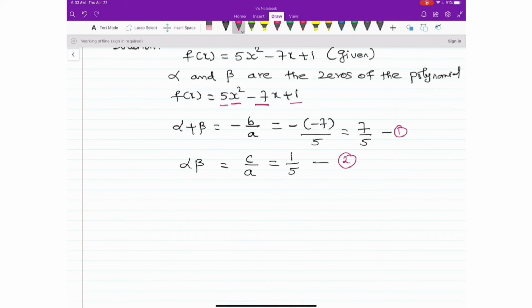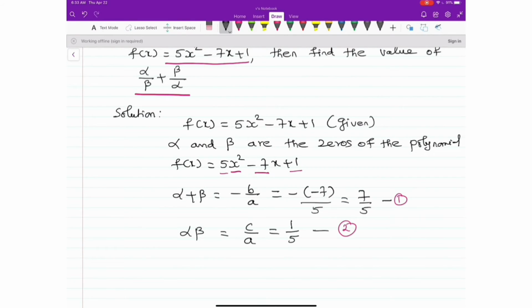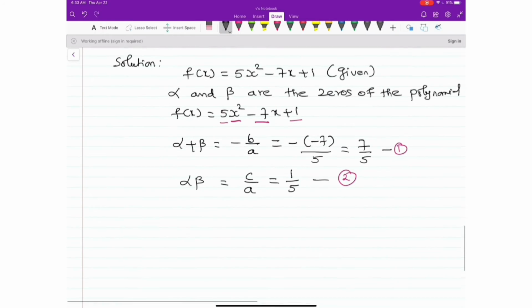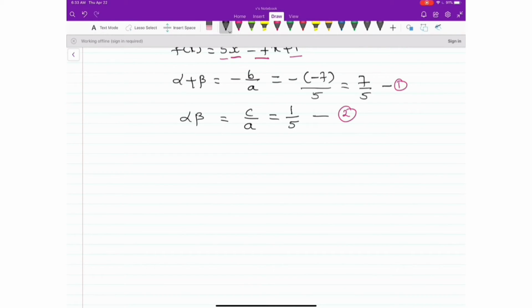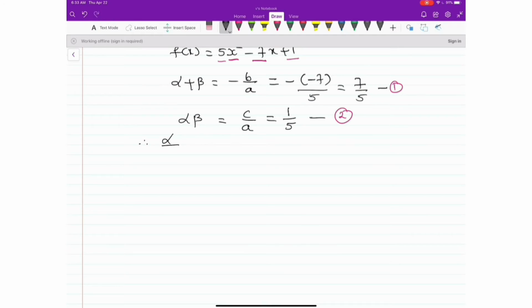We have to find the value of alpha/beta plus beta/alpha. Therefore, alpha/beta plus beta/alpha, when you take the LCM, is (alpha² + beta²)/(alpha beta).